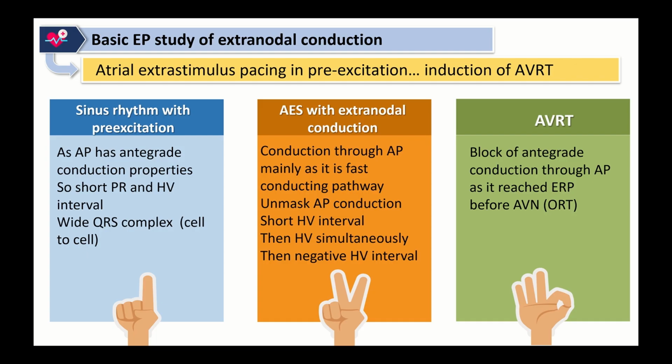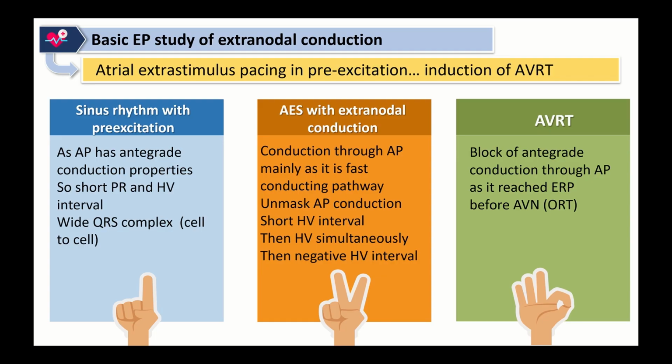Now let's go to accessory pathway mediated tachycardia. This is the golden rule we have to appreciate when we give atrial extrastimulus in case of an accessory pathway. This accessory pathway has antegrade conduction, so in sinus rhythm there is pre-excitation.